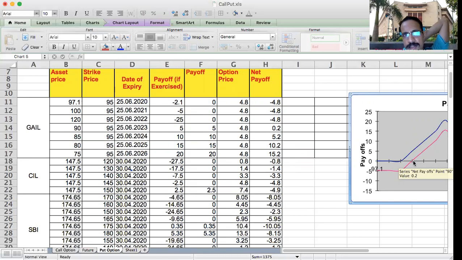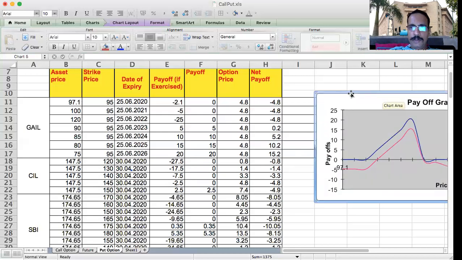So if I exercise it, then I am making a slight profit of 0.2, right? So that is the point at which about I break even. And if the share price falls further, then you see the pink graph is going up and up and up, right? So a typical graph will look like this of a put option.